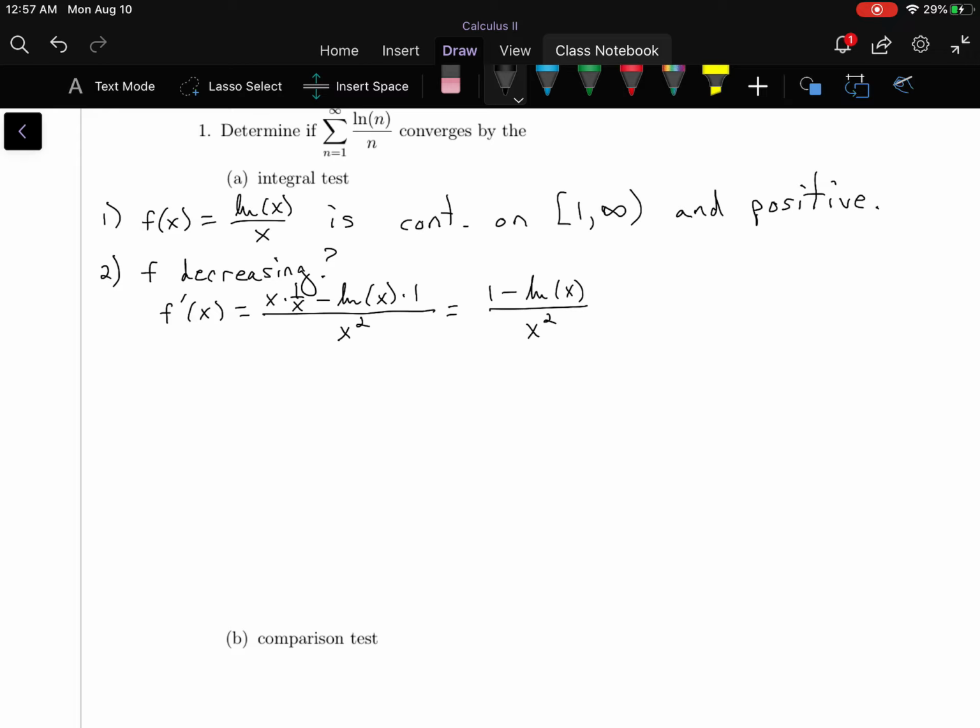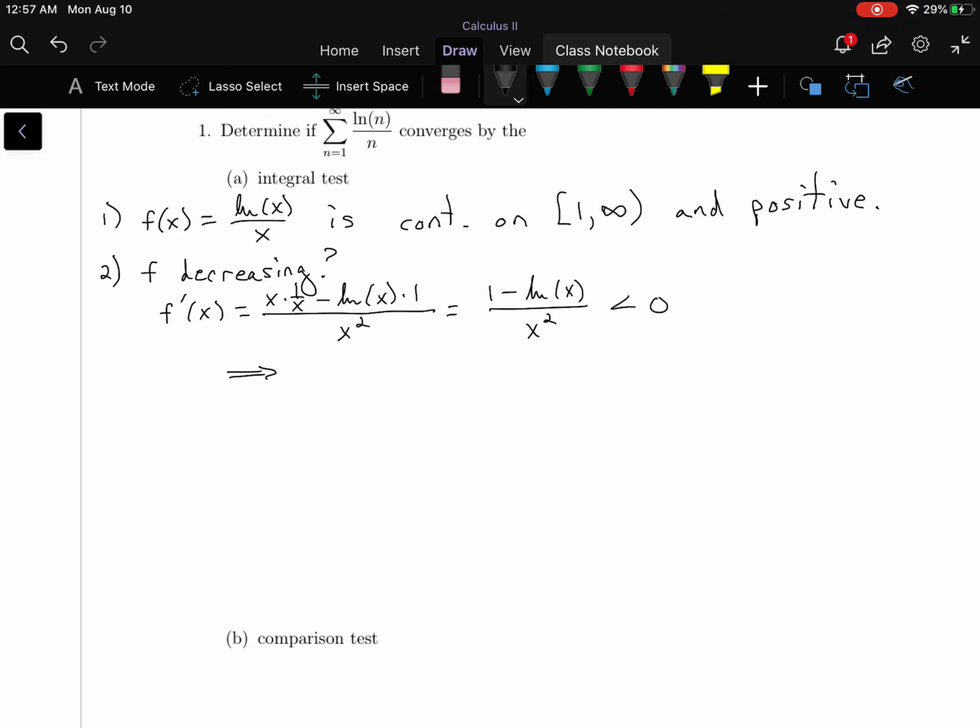You'll notice that it's decreasing when this is negative. Now, we know that the denominator is never going to be negative because whenever you square something, it is non-negative, so 0 or positive. And so the only way this is going to be negative is if the top is negative.